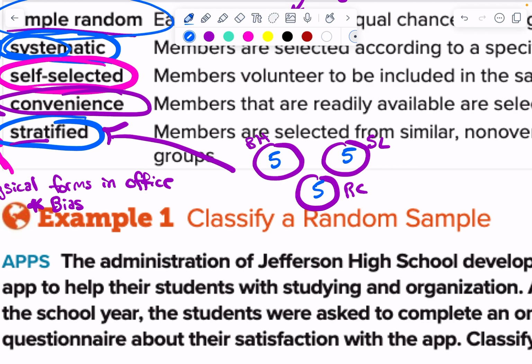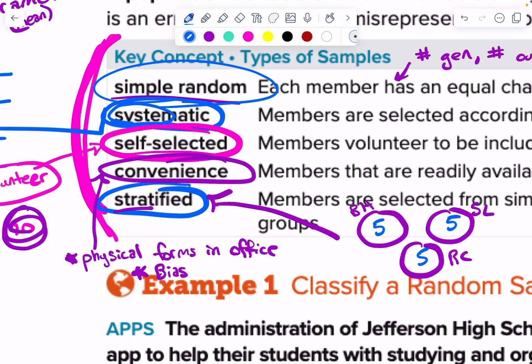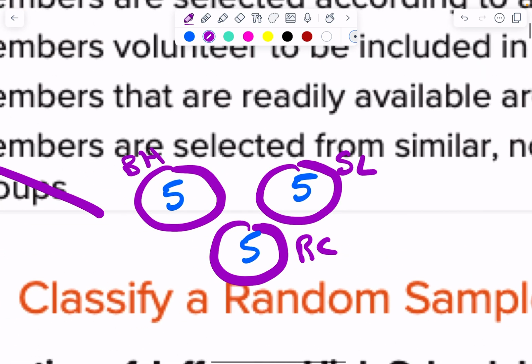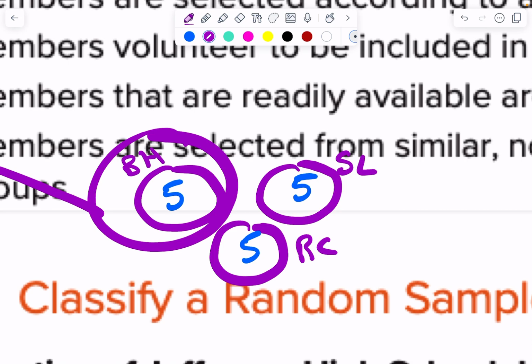It depends on what it is we're asking. These are different ways of sampling or creating a sample, and the one you use is going to depend on what you're asking. A simple random sample is going to work for just about every scenario, but if I want to know what people think of the roads in Webster County, I'm not going to survey just the people from Blue Hill.